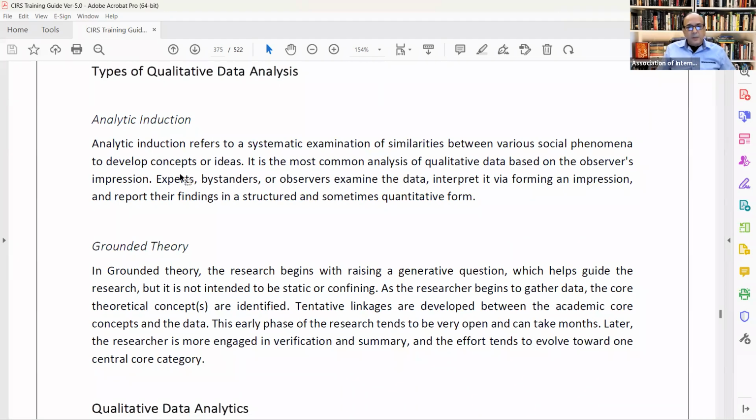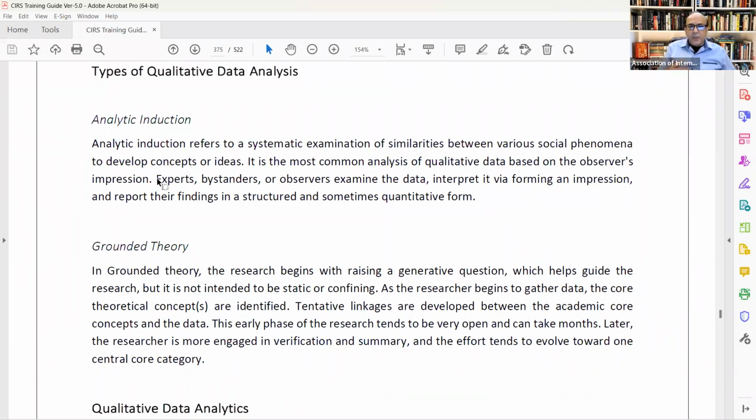Analytic induction basically means that you are using your own critical thinking, your own skills as a researcher to be able to understand a phenomenon or certain events that would give answers to social questions: race, religion, these subjects, social setup, poverty, environment, things like that.